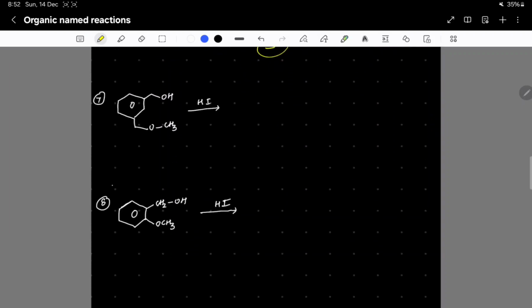Now look at the 7th question. How many moles of HI? First we will get this, and I will write OH, H plus. Now I have 2 possibilities.